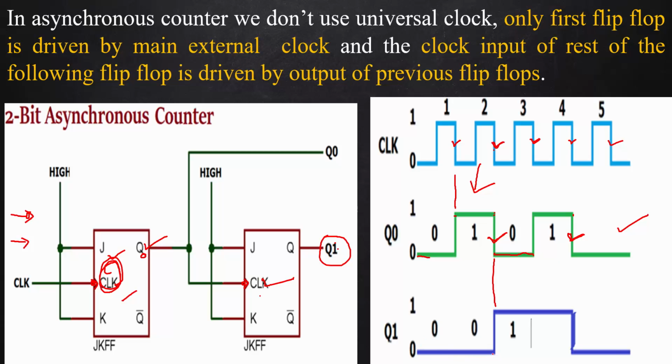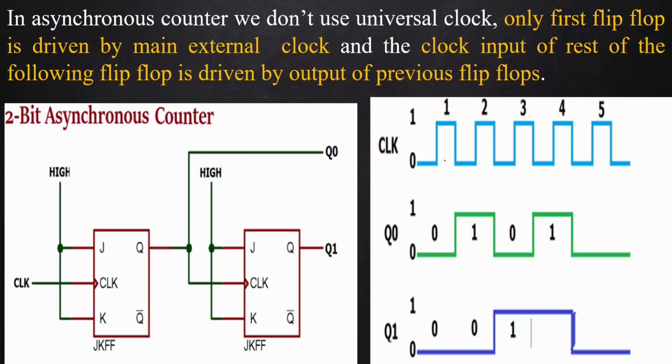Here it is 0, so toggling means it will go from 0 to high, and it will retain the high state till the next negative edge. During the next negative edge of Q0, Q1 toggles again. It is in the high state, so it will come back to 0. See, this is the timing diagram of Q1.